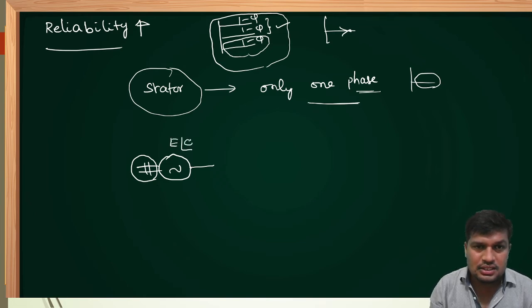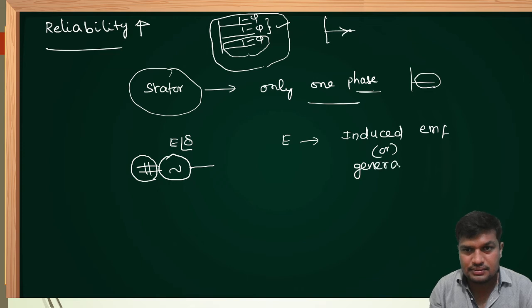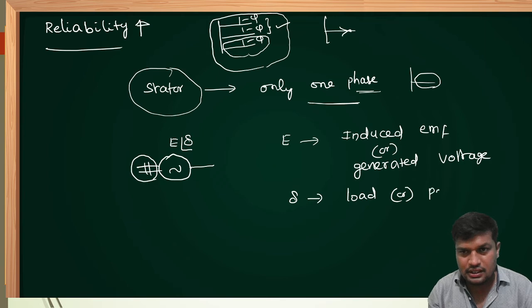Synchronous generator is represented by E at an angle delta, where E is induced EMF, or also we can say it is generated voltage. Delta is load angle or power angle or torque angle.